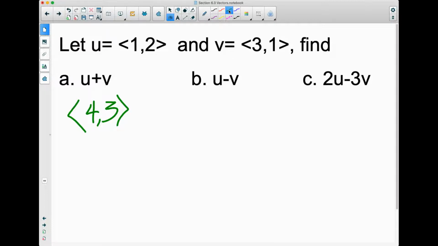Who wants C? Wait, is that right? No, it's not. Isn't it 0? No. Oh, that's right.